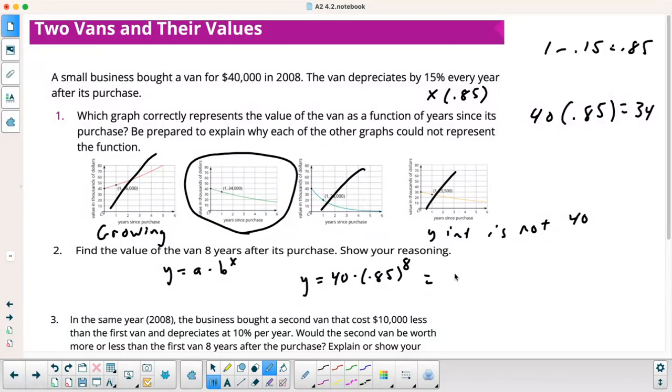So start at 40 times 0.85 to the 8th, and it's worth 10.89. I'm just going to round up to 10.9. So remember that's thousands, so 10,900 approximately.